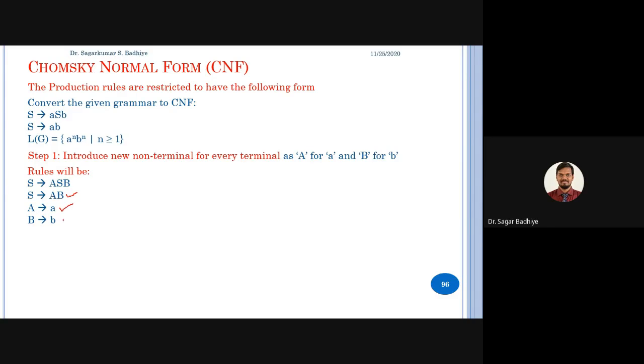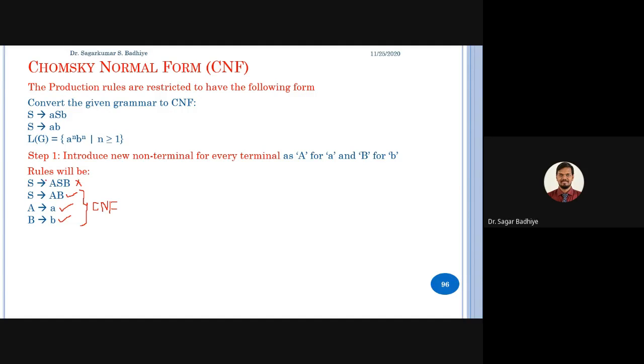This is also obeying the rules, and this one is also obeying the rules. So these three production rules are obeying the structure of CNF, and we can say that this part of the grammar is in CNF, but the complete grammar is not in CNF because this rule is not in CNF, right?